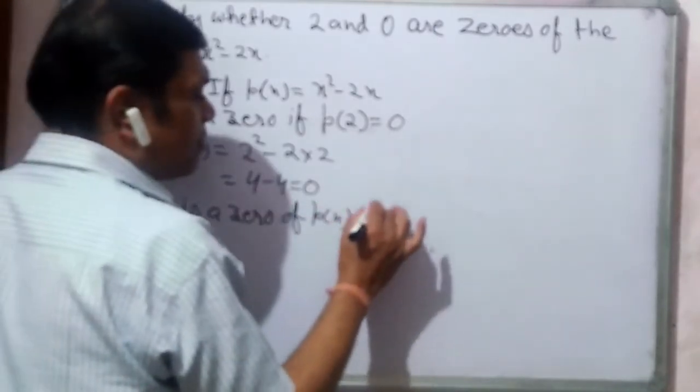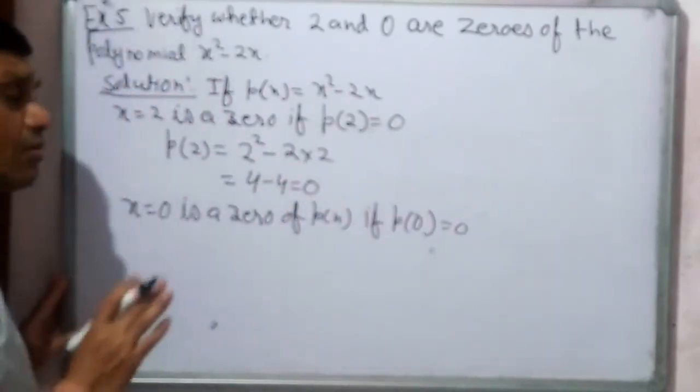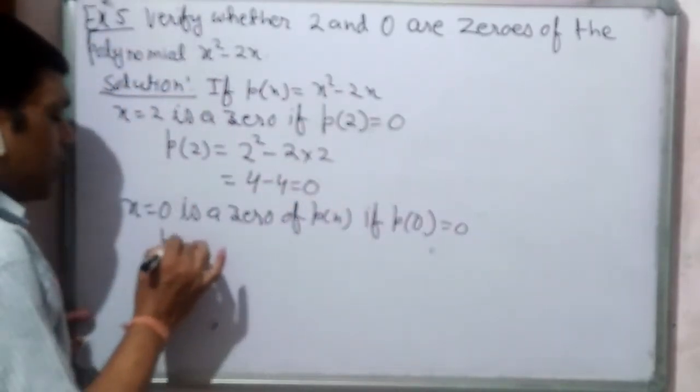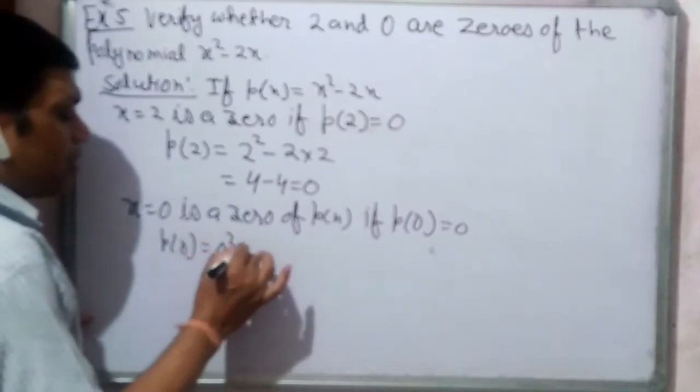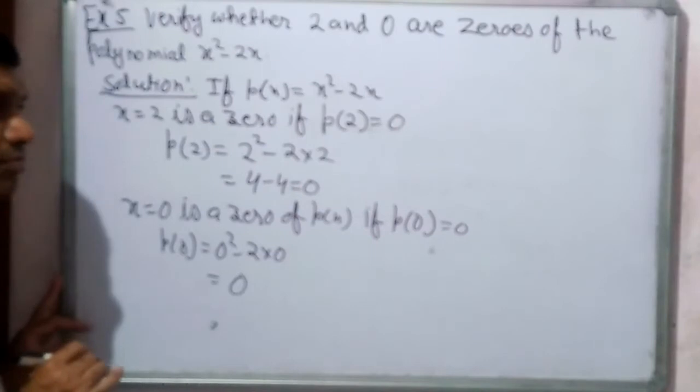if p(0) is 0. Let us find it. p(0) should be 0 square minus 2 multiplied 0. Will it give us 0? Yeah.